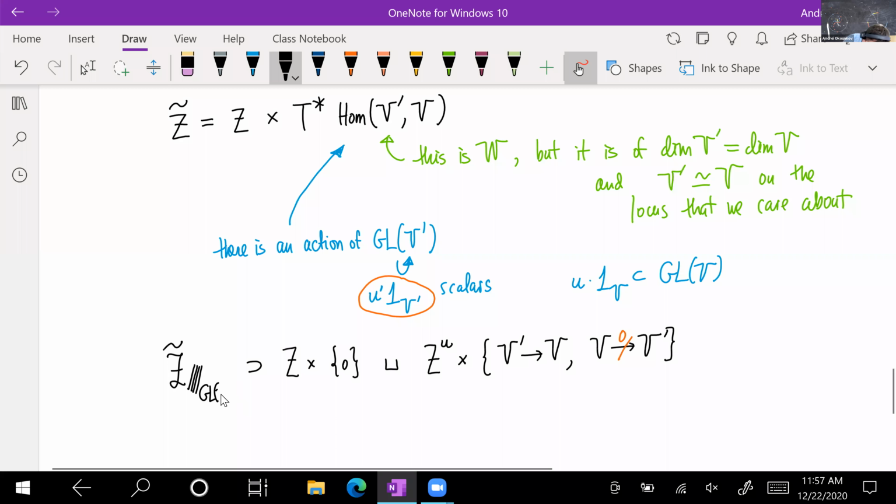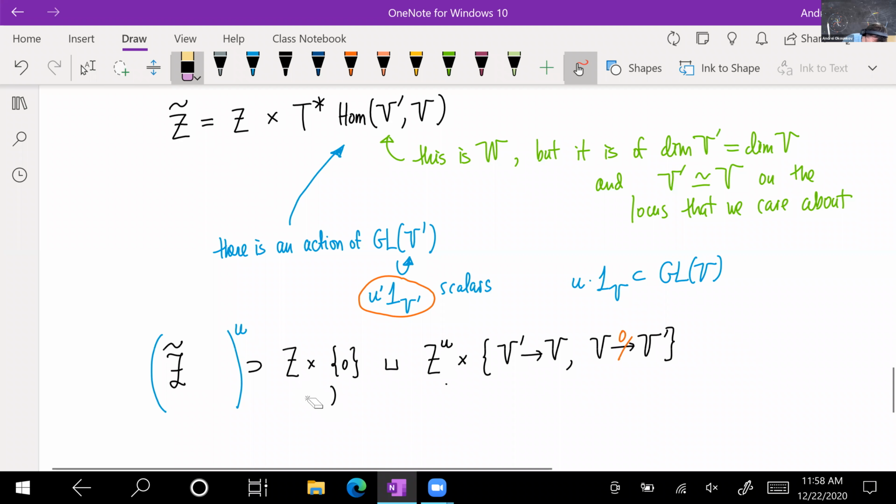So if I take this quotient and now take the fixed locus of U, that would be this reduction by GL V, and there's similarly here. Maybe let me take a stack.